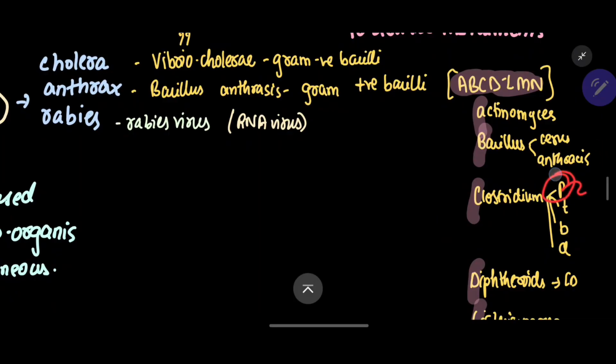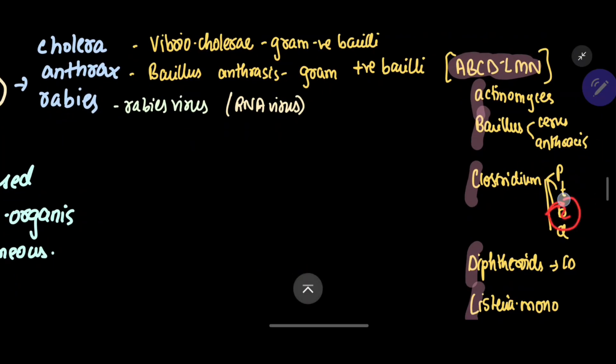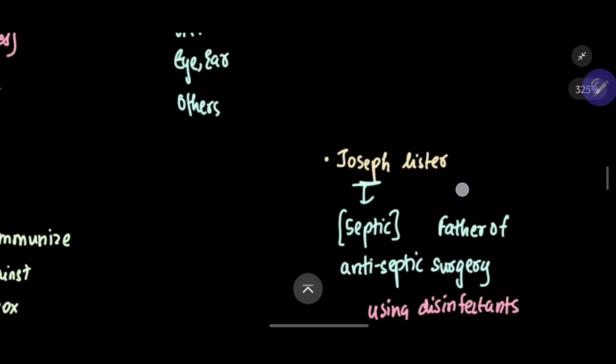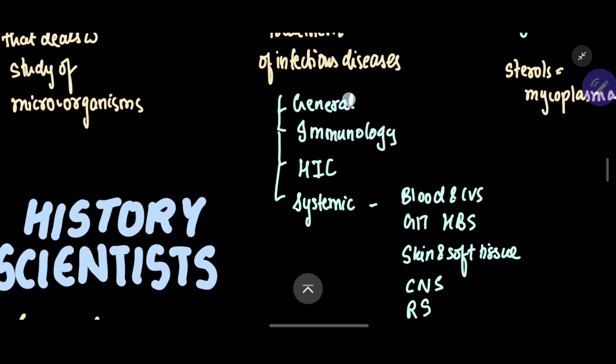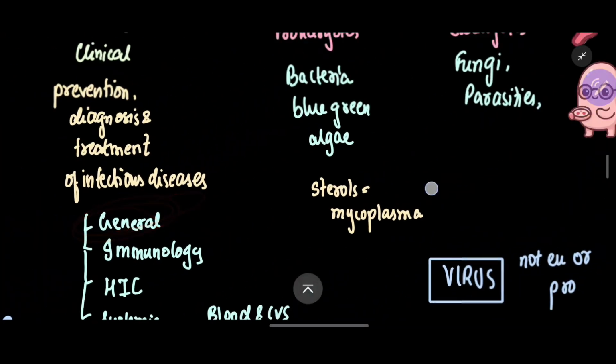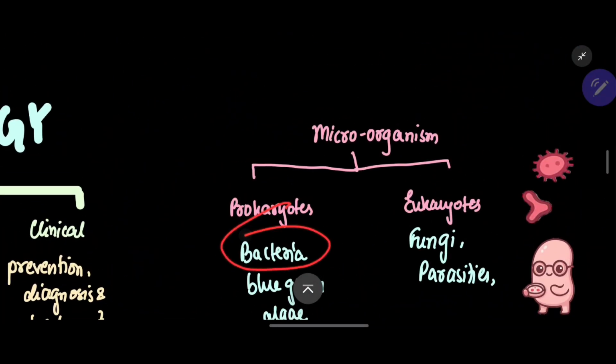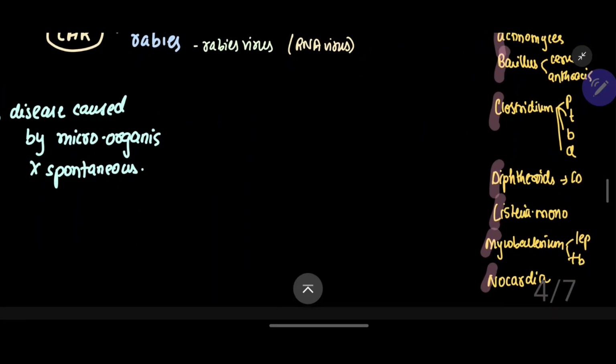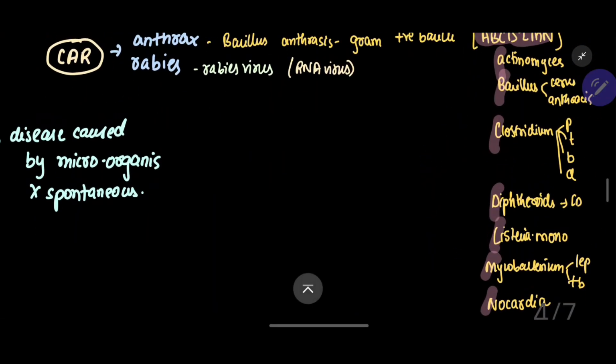Clostridium can be perfringens, Clostridium tetani that causes tetanus, Clostridium botulinum, Clostridium difficile. We are going to talk about all of these in general microbiology when we talk about our bacteria. So do not worry, I'm just giving an overview. When you look at these names again, you'll think, okay, I've heard of these before.